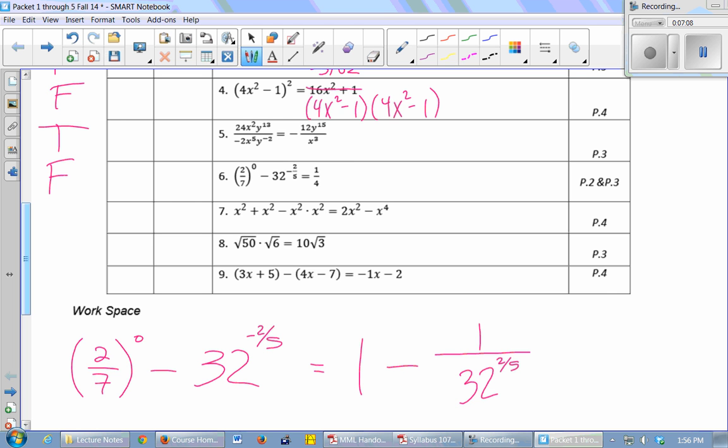So when you add things, this is also considered combining like terms, right? 1x squared plus another x squared does give you 2x squared. And then here, you're multiplying like bases, and when you multiply like bases, you add the exponents, right? So this is actually true. So this is my 2x squared, and this is x to the 4th.